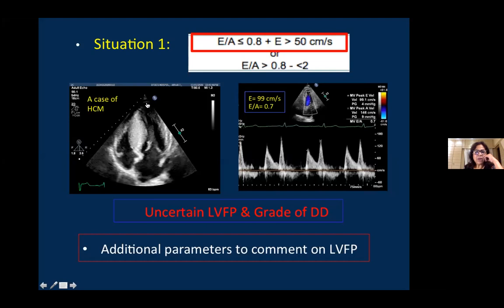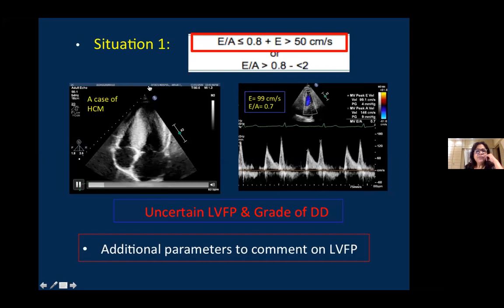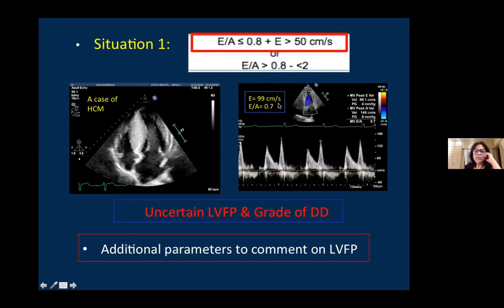So let us see. A case of hypertrophic cardiomyopathy. This is not amyloidosis. This is hypertrophic cardiomyopathy. Septum is grossly thickened. Here I do the mitral inflow pattern, and I get an E velocity of 99 centimeter per second and E/A ratio 0.7. So this is basically situation 1.